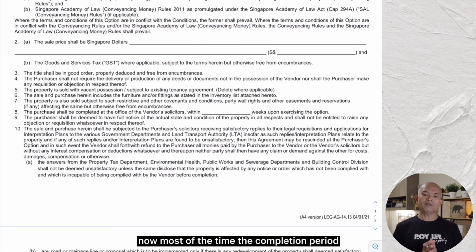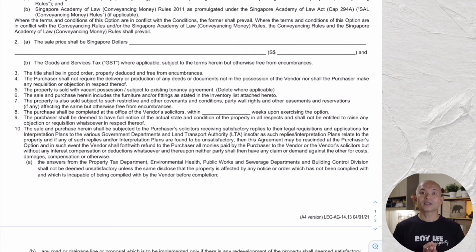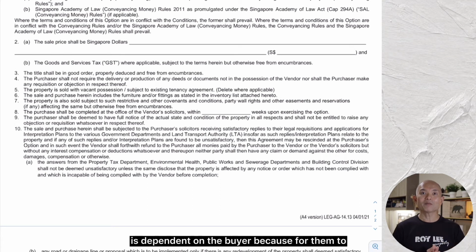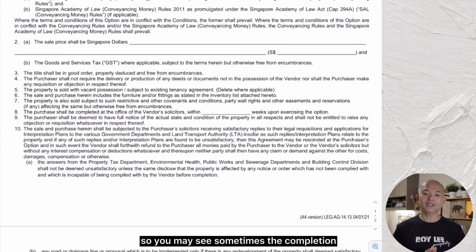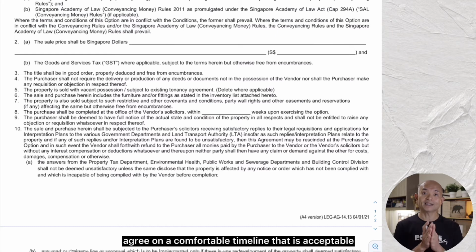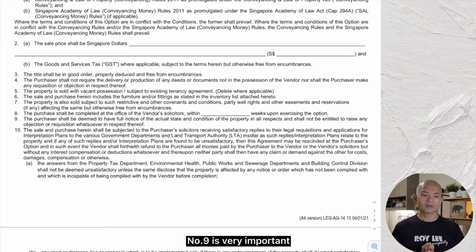Now most of the time the completion period is dependent on the buyer, because for them to get their funds ready, especially those who need to sell their house for the completion of their purchase. So you may see sometimes the completion period may be even longer than 12 weeks. So buyers and sellers, you can have a chat to agree on a comfortable timeline that is acceptable for both parties.